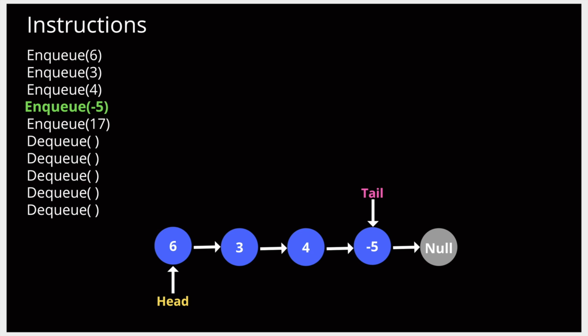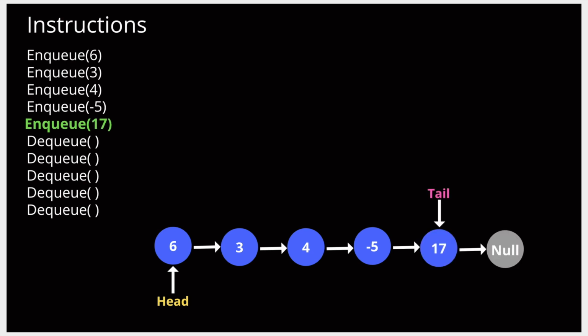Now we're going to enqueue 17, and we've exhausted the enqueue operations. You will discover that the head is static; we're not moving the head pointer, but we have been moving the tail pointer to the right. And for dequeue, it's the opposite: we are only going to be moving the head to the right.